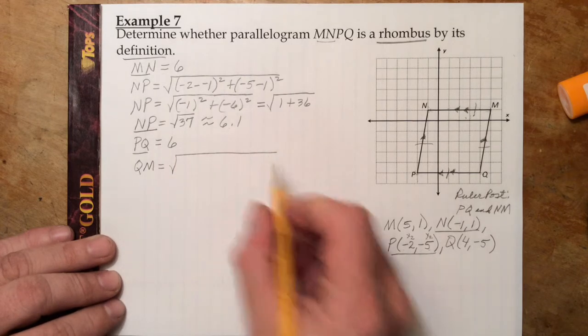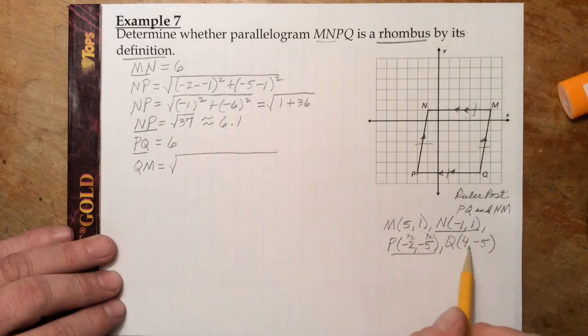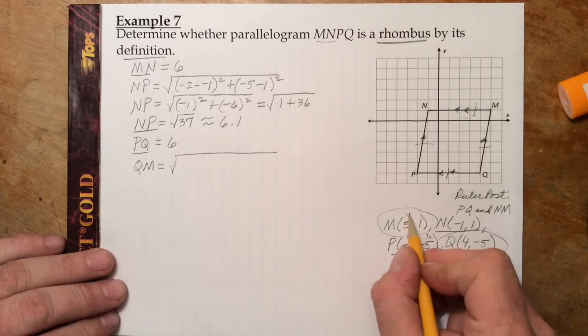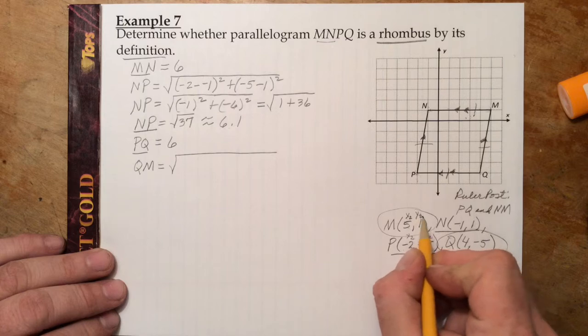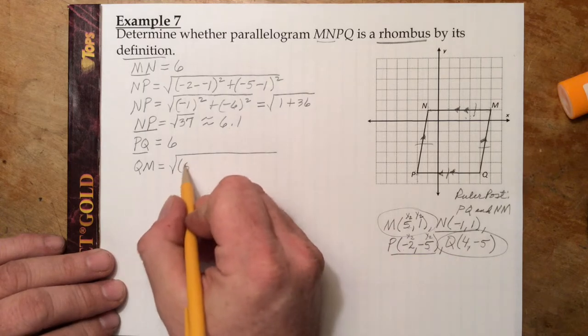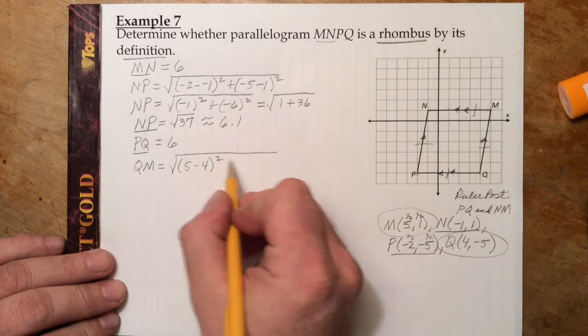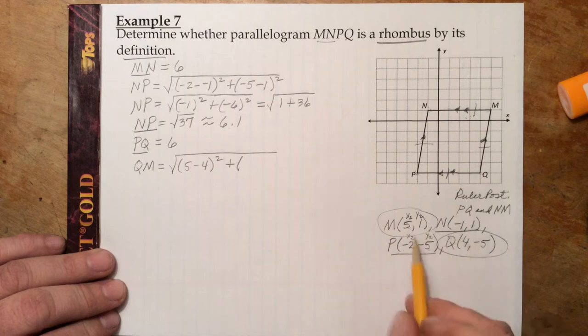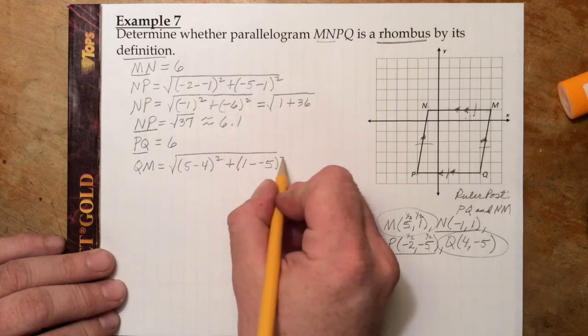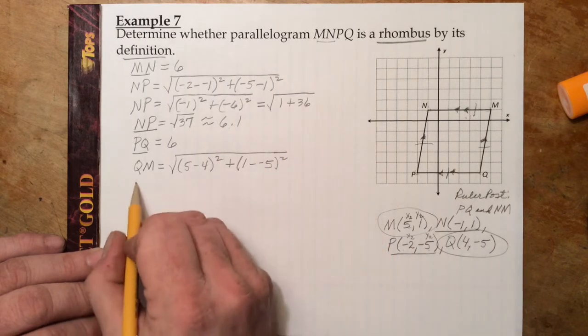So we have the square root of. This time we're using M and Q. And I'm going to let M be my second point this time. This is x2 and y2. Using the distance formula, starting with x2, we have 5 minus 4, quantity squared, plus, and back over here to y2, we have 1 minus -5, squared, all under the square root.